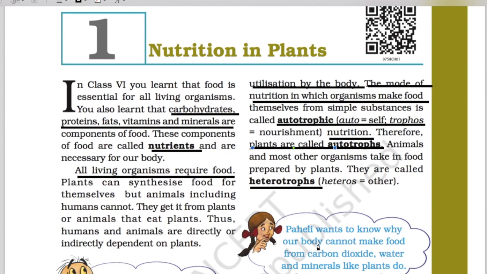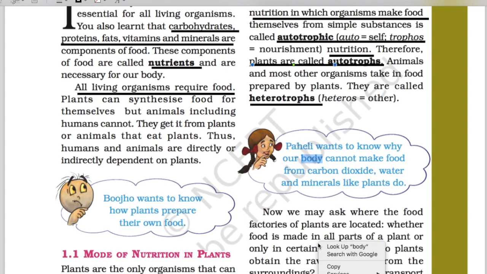Now you must be thinking that we all have carbon dioxide around us, water and minerals. We can use carbon dioxide, water and minerals, but why can our body not make food?